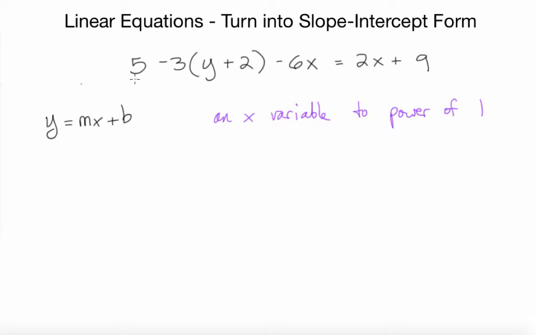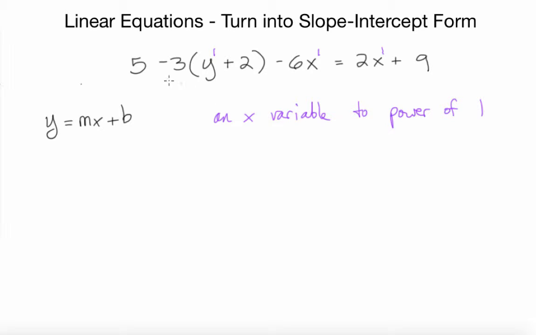So in this example here, we have 5 minus 3 times parentheses y plus 2, subtract 6x equals 2x plus 9. It's a big equation. We got x's and y's, but it actually is a linear equation. It fits the definition. We have x to the first power, there's another x to the first power, and I have y to the first power. And so it's an equation relating x and y together.